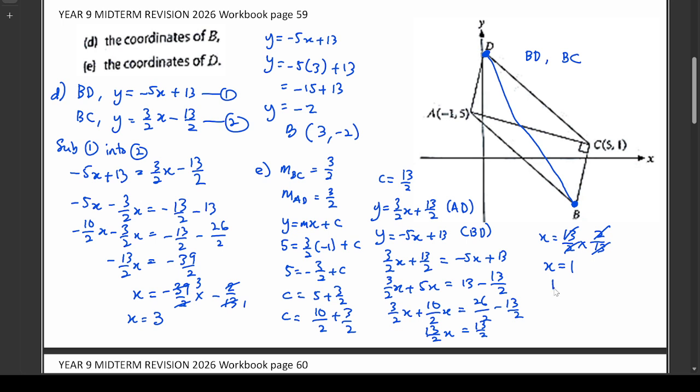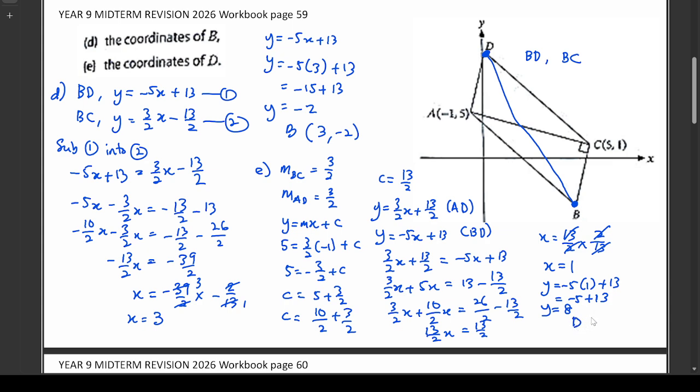So our coordinate D is 1, comma, okay, the y coordinate I need to find, before I forget. For the y coordinate, we need to sub in any of the equations. So it can be BD: y equals -5, sub in, -5 plus 13, which will give me basically 8.